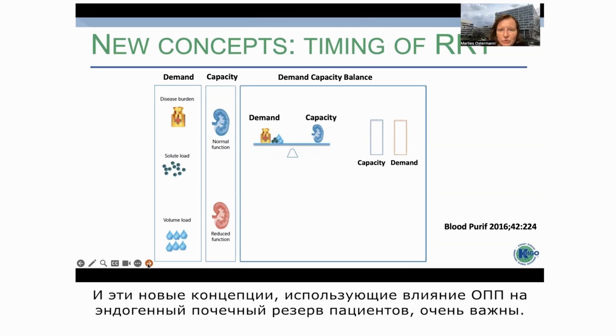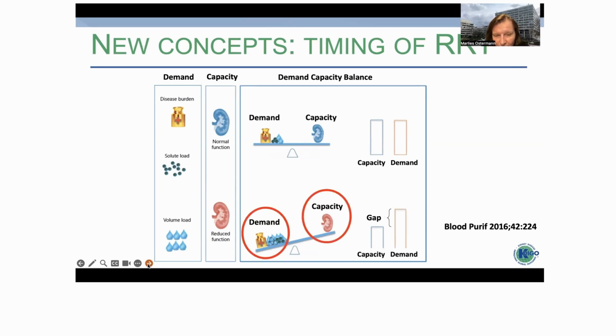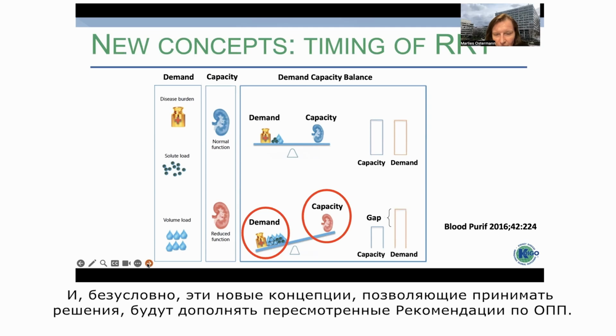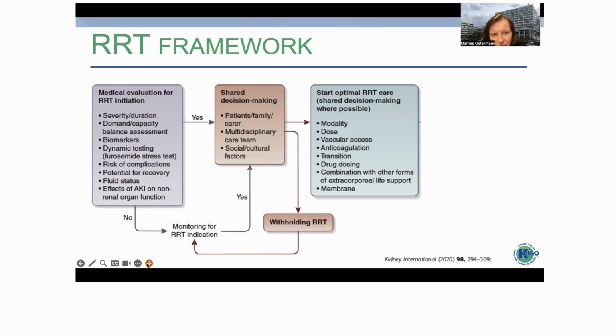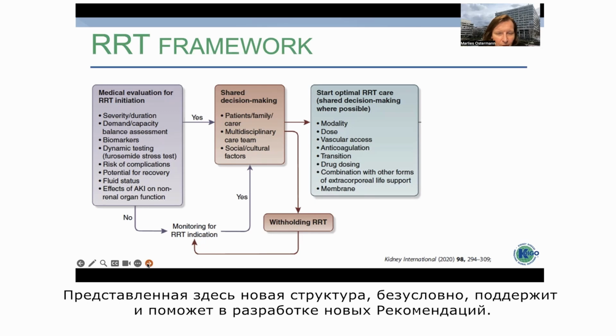And these new concepts using the demand or impact of acute kidney injury on patients' endogenous renal reserve is very important. Certainly these new concepts, which allow decision-making, will feed and inform the revised acute kidney injury guideline. And so a new framework, as shown here, will certainly support and help the development of the new guideline.